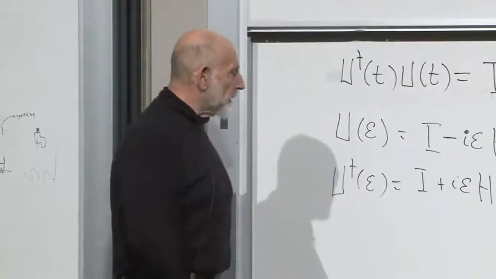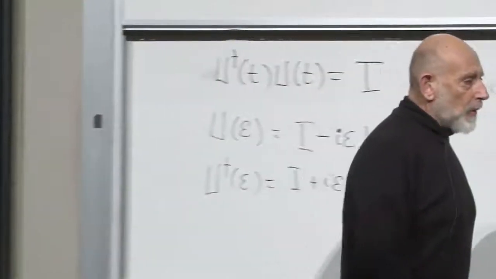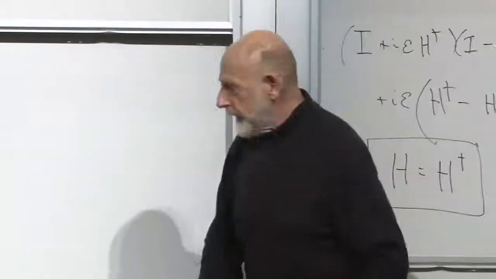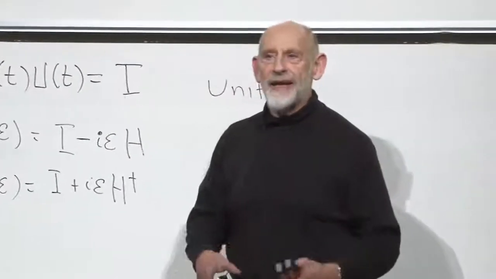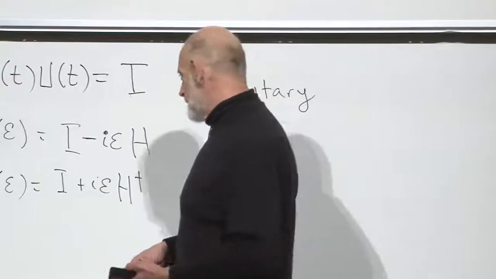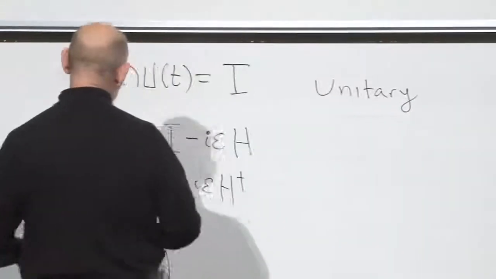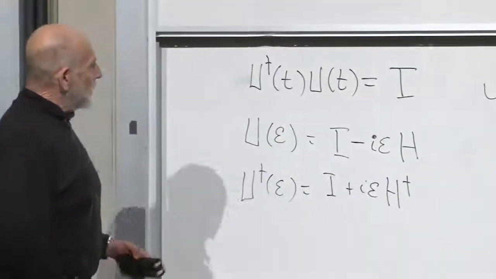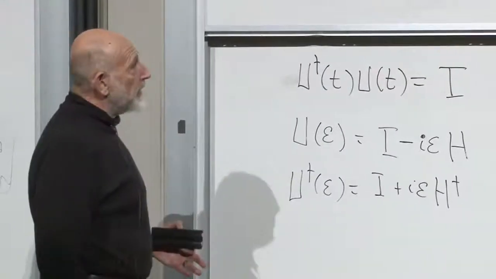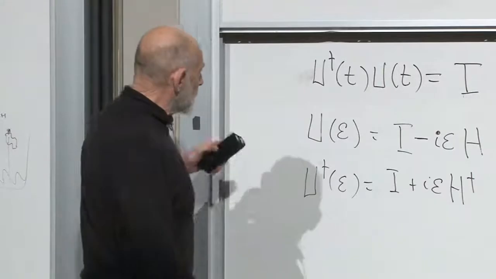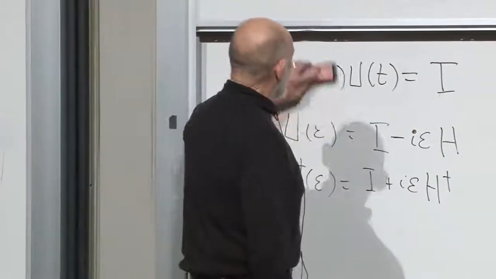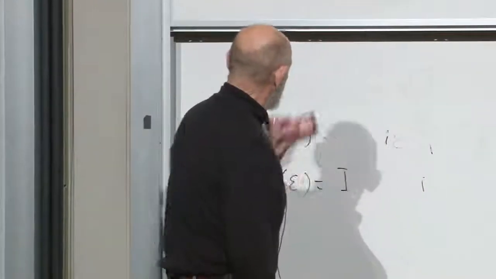Or you can think of it another way: after you've updated by a small amount of time, you just do it again and again and again, repeatedly. But we can use this to derive a differential equation for the way the state changes with time. Let's do that.